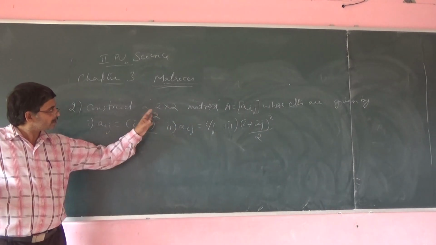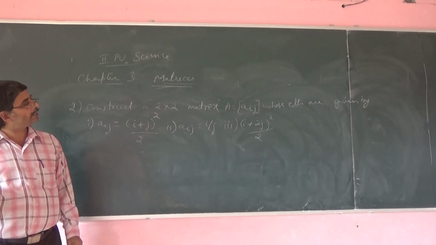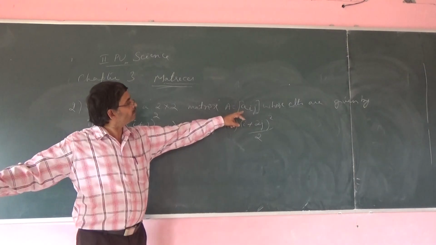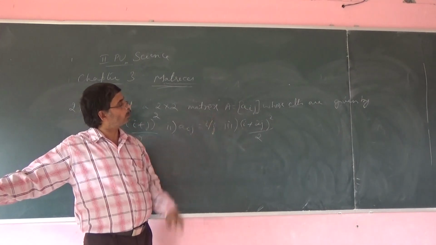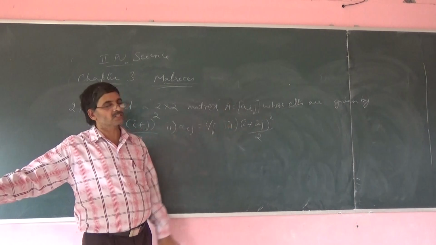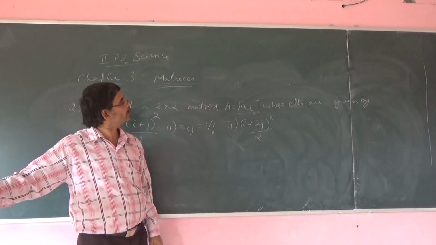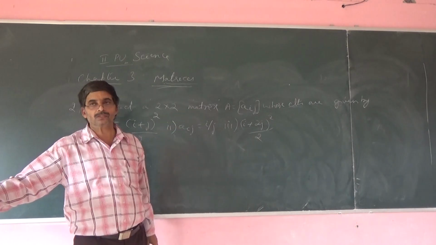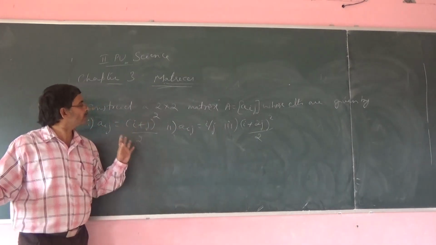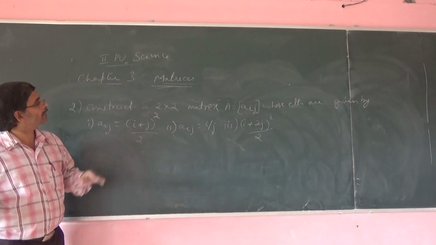Here we construct a 2 cross 2 matrix A equal to Aij. I stands for row number, j stands for column number. So a 2 cross 2 matrix has 4 elements.